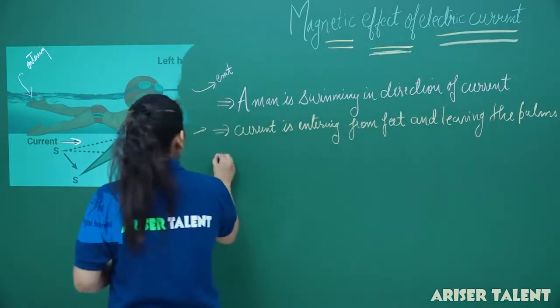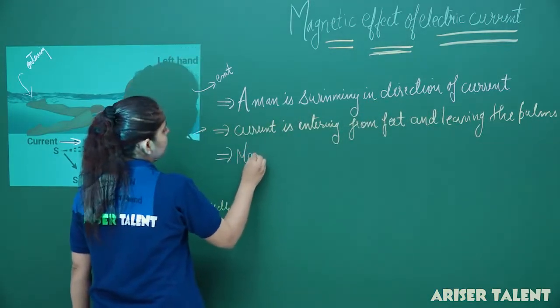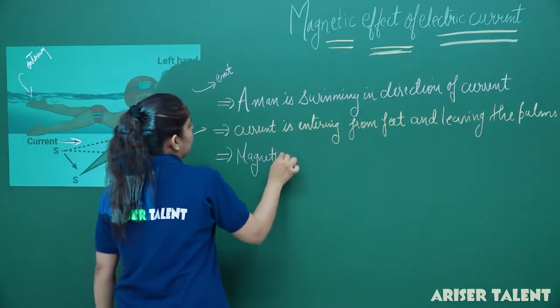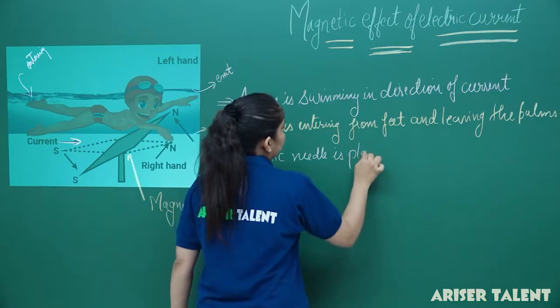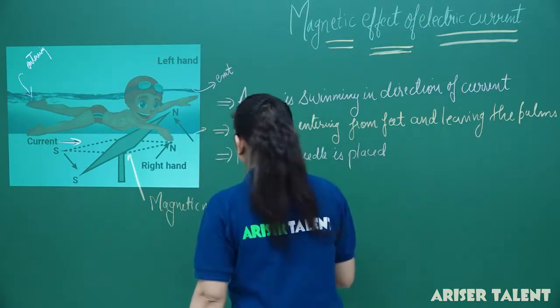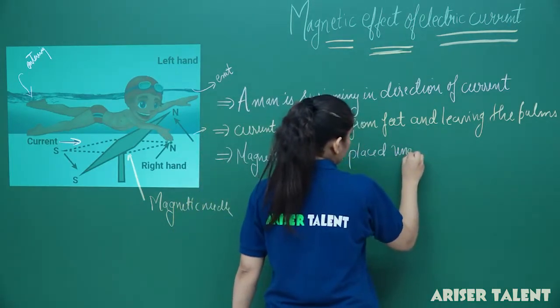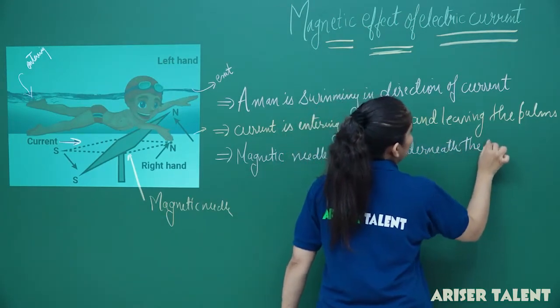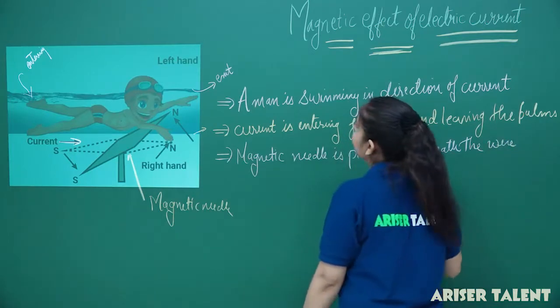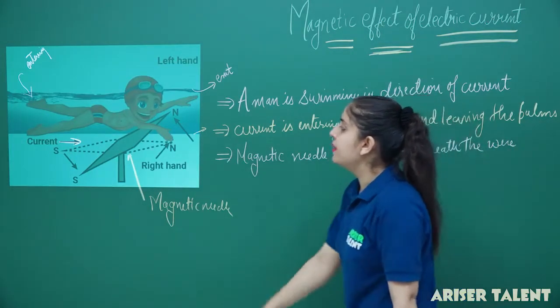So the next point will be that the magnetic needle is placed underneath the wire. We are assuming that the conductor is placed above the magnetic needle.